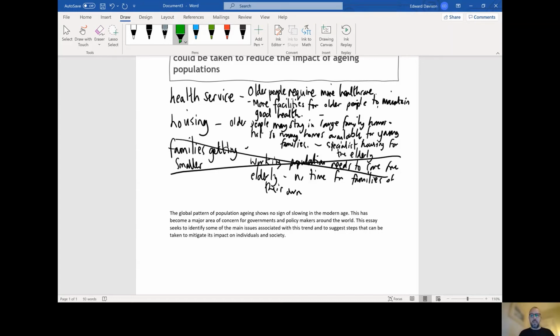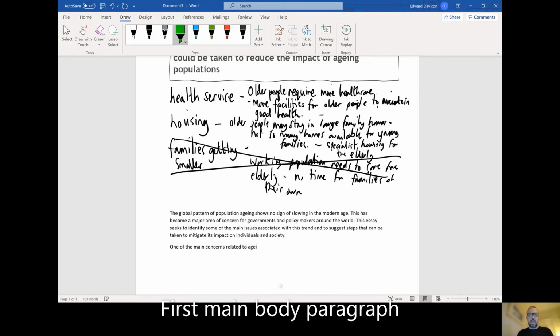So my simple statement will be: one of the main concerns related to aging population is the burden this places on the national healthcare provision. So a simple statement which introduces the idea, and I can now elaborate that.